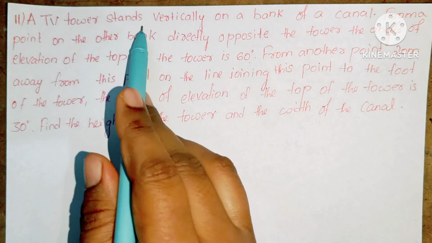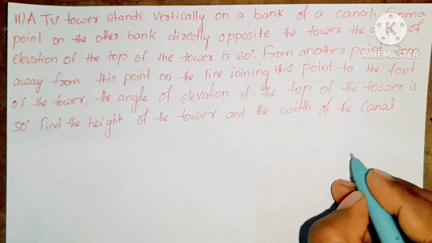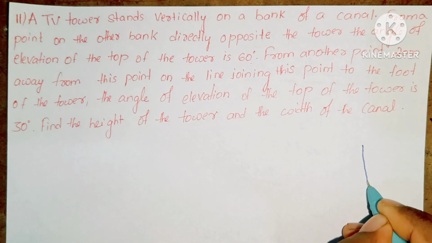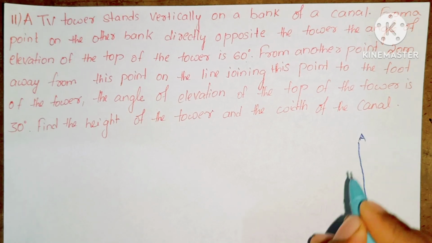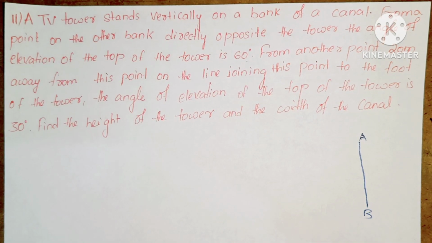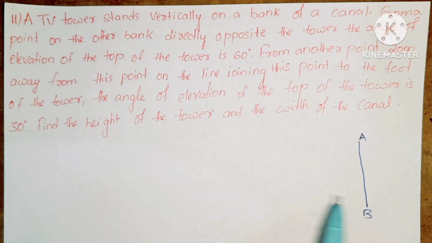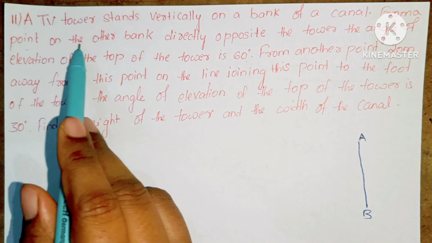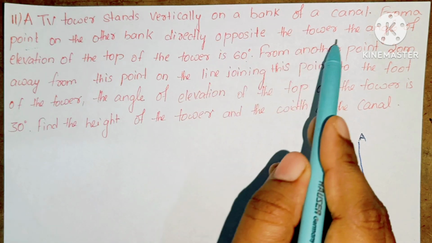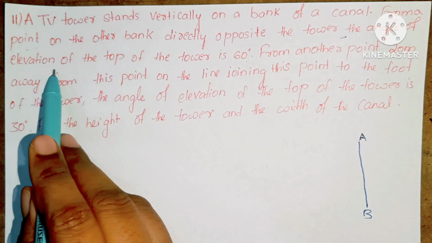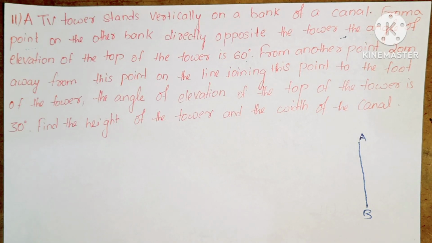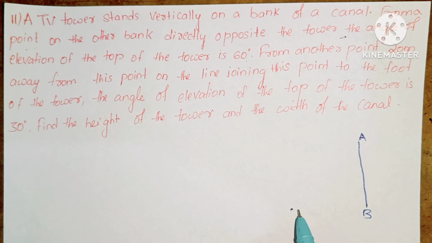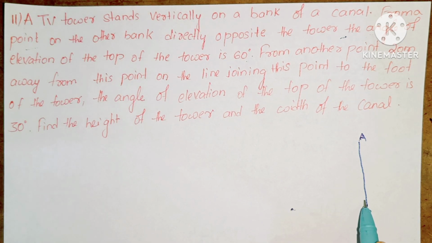See, a TV tower stands vertically on a bank of a canal. So I took the TV tower as a straight line and kept it as A, B. Okay. So it was at the bank of a canal. From a point on the other bank directly opposite the tower, the angle of elevation of the top of the tower is 60 degrees.